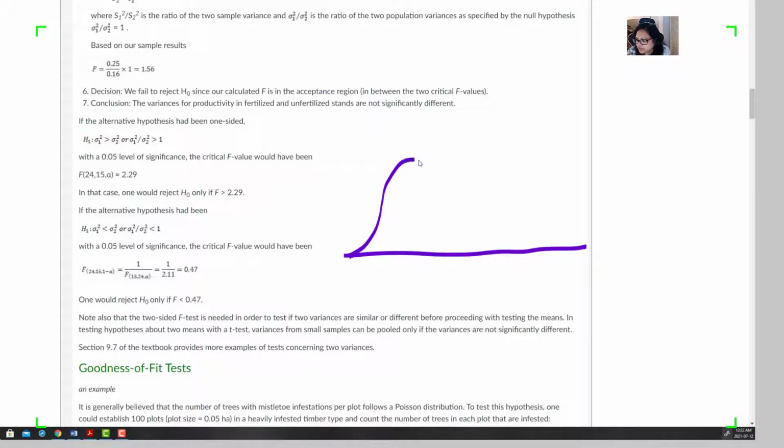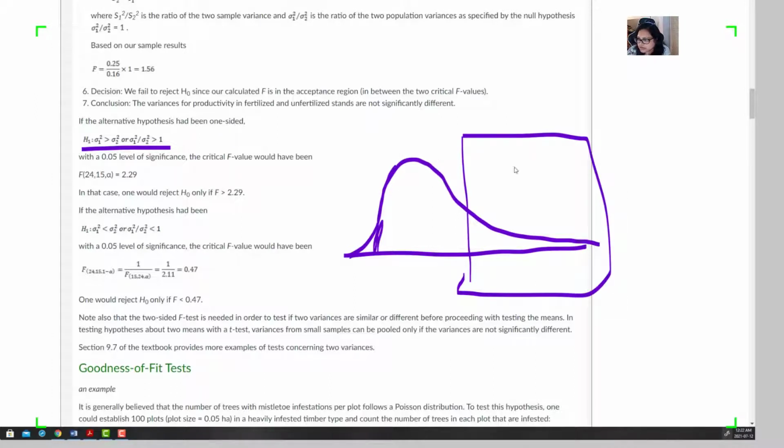It's actually steeper. At first we are testing whether the critical region is in the upper area or not. So this is the critical region.